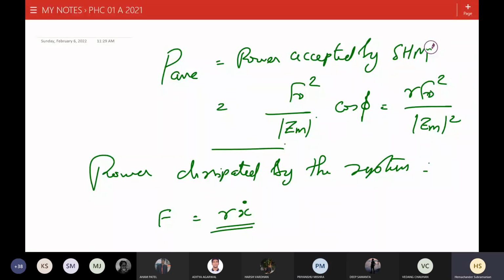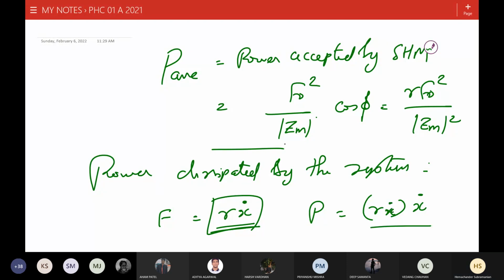So this is the force due to dissipation, and the power dissipated would be R x dot times x dot. That is force times the velocity, right? So you can do the same calculation by substituting for x dot and doing the integration.